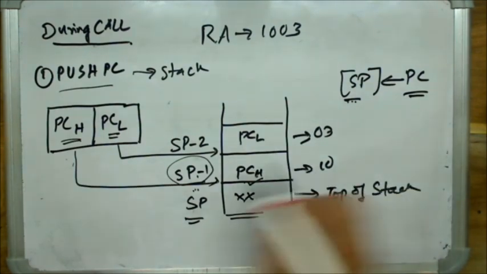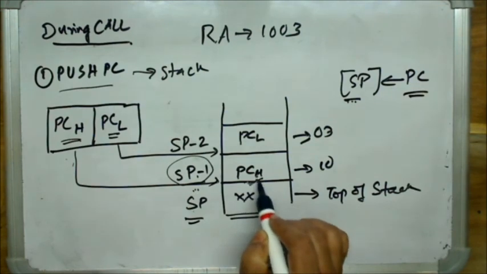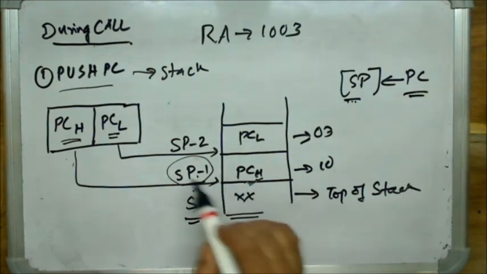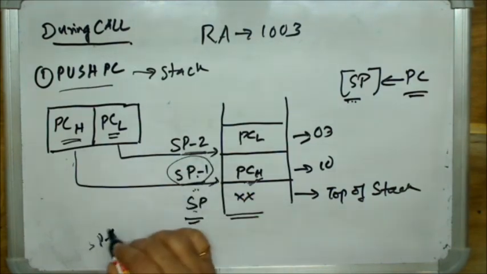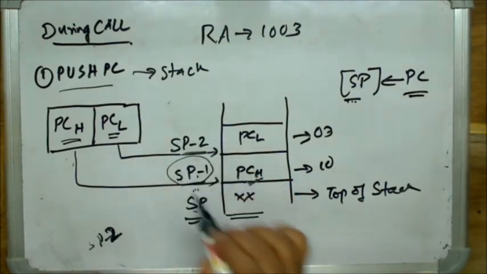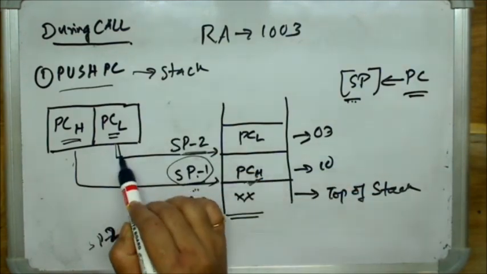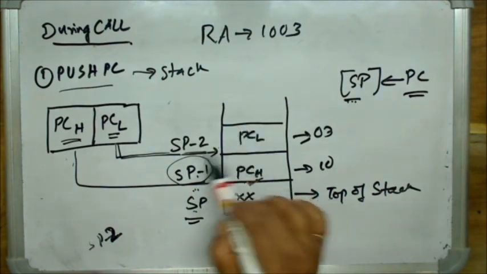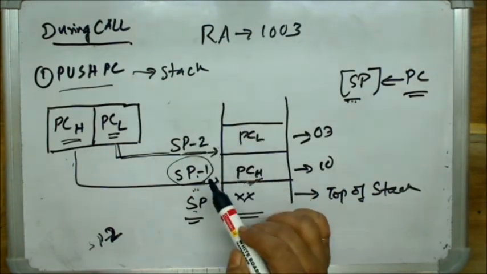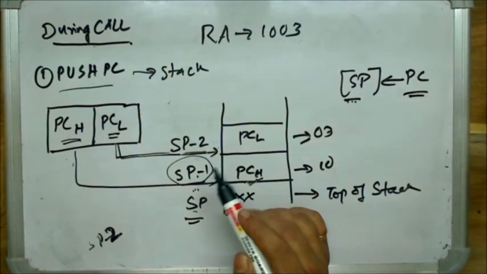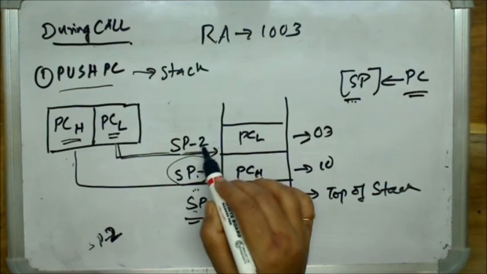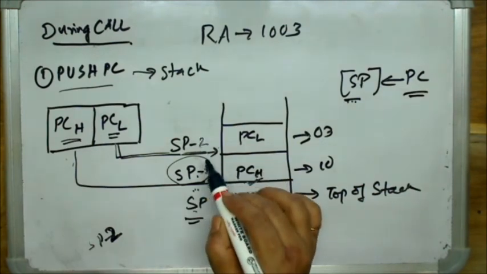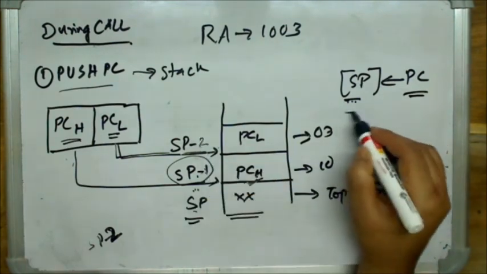Again, after it puts the higher byte of the program counter into SP minus 1, SP will become SP minus 1 again, which is effectively SP minus 2. So the lower byte of the program counter will get stored in SP minus 2, the new location pointed by SP now.